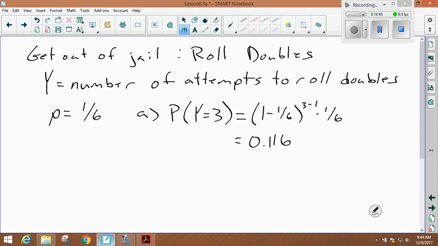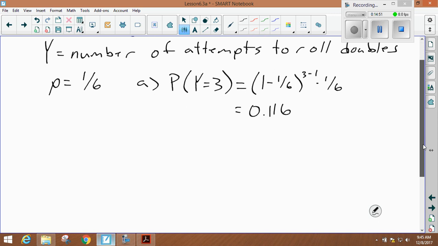Alright, so let's look then at the probability that it takes less than 3 tries, right? Oh, more than 3 turns? That's annoying.